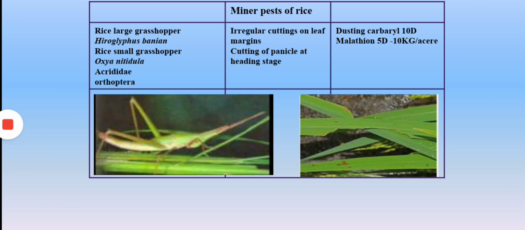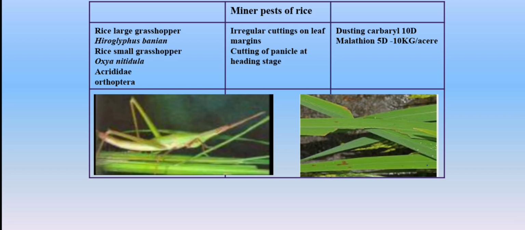So rice large grasshopper, Hieroglyphus banian, and rice small grasshopper, Oxya nitidula, belonging to the family Acrididae and order Orthoptera. Generally on any crop, grasshoppers will cut the leaves. These grasshoppers have biting and chewing type of mouth parts, and they make irregular cuttings on the leaf margin.